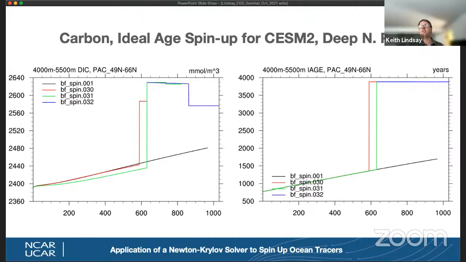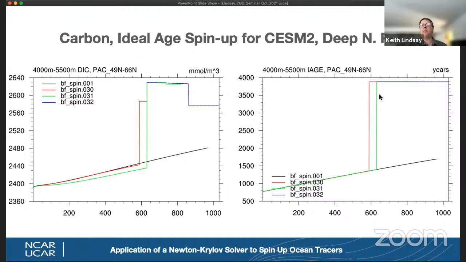I'm going to get back to this in later parts of the talk: if we had applied Newton-Krylov to age with that ocean circulation, we would perhaps have realized earlier in the game that the ocean circulation being generated by CESM2 was too anemic, and perhaps we could have lobbied for some physics changes to improve the deep ocean's ventilation, but we didn't know how bad it was.